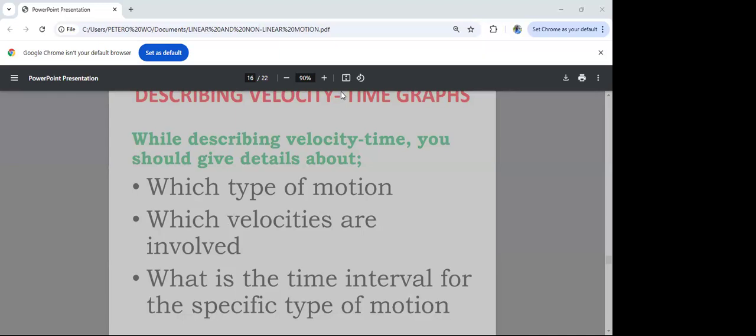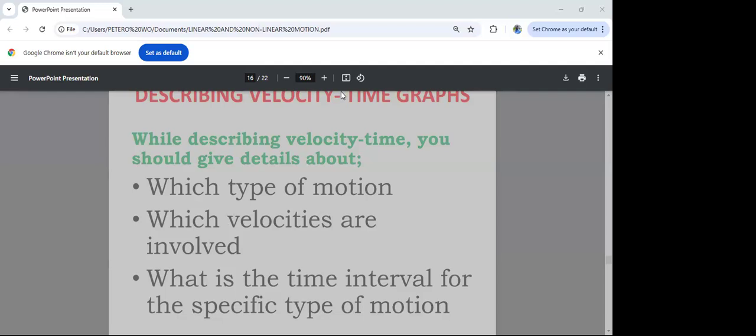If it's a uniform velocity, you say a uniform velocity of maybe 30 meters per second. If it's a deceleration, you can say a uniform deceleration from maybe 40 meters per second to rest, or to 0 meters per second. So you are telling us the type of motion and you are adding the velocity that is involved.